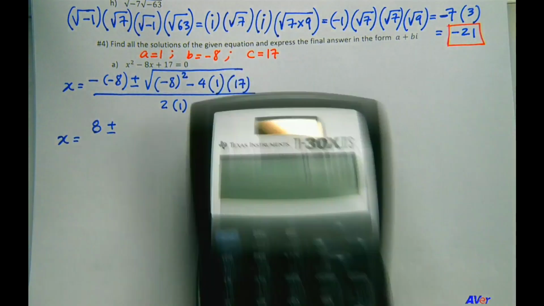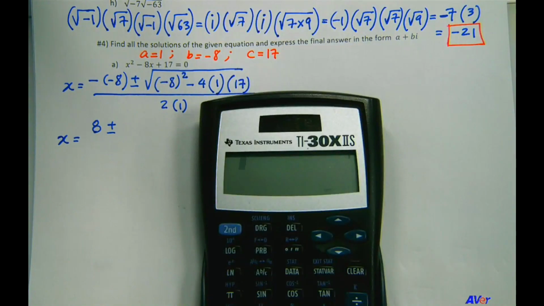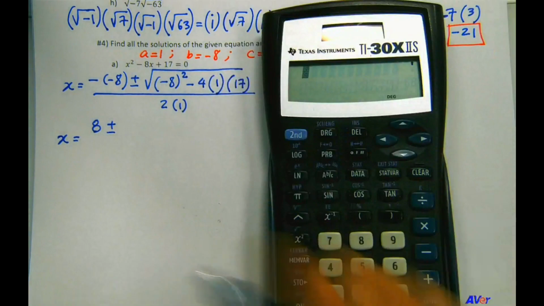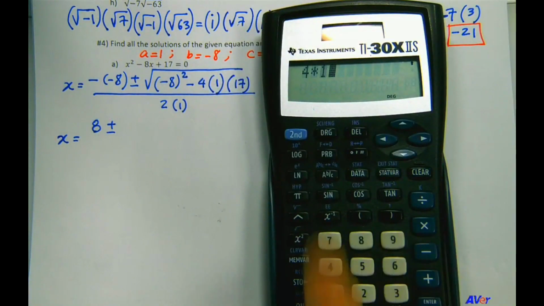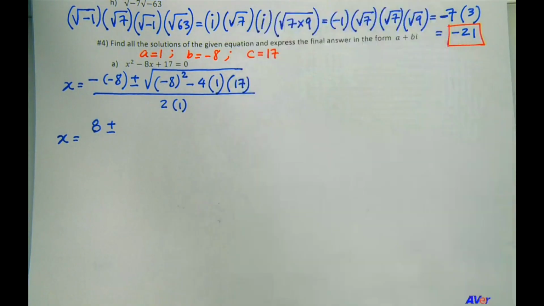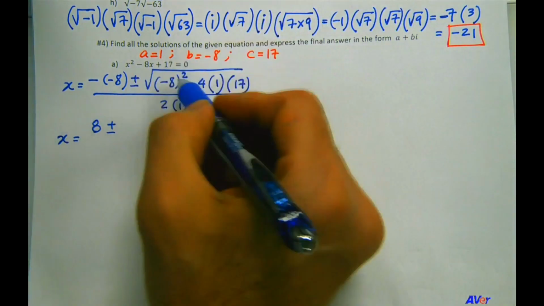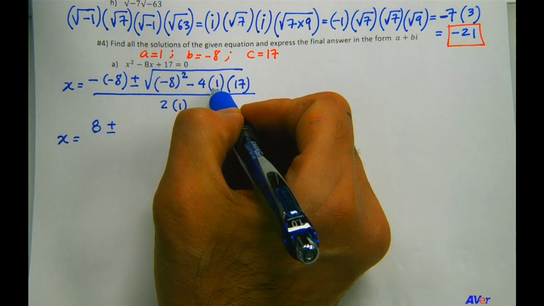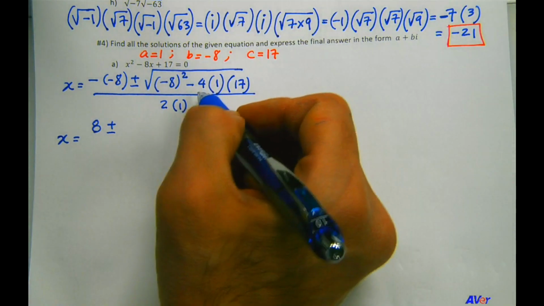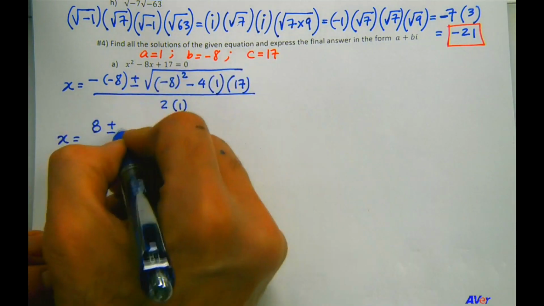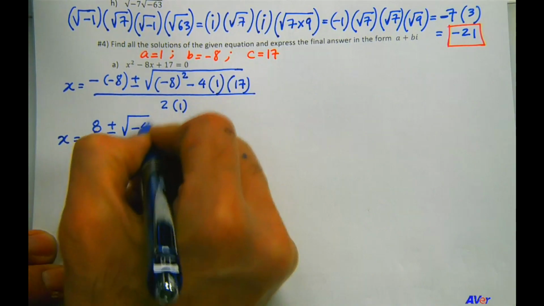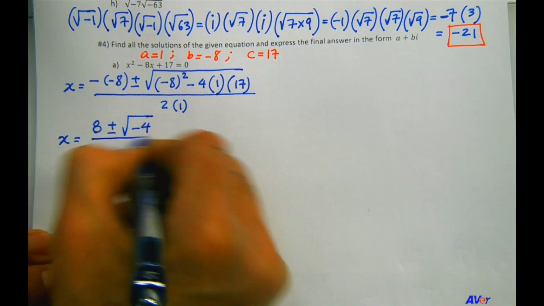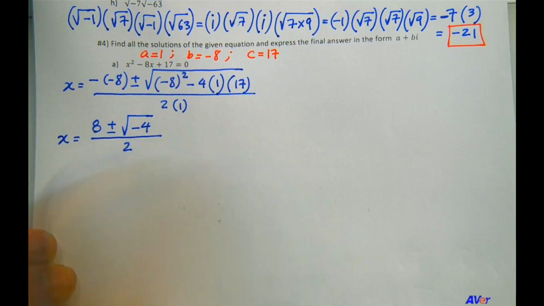I'm pretty sure it's minus 68, but why not double check, right? So right there, 4 times 17, 68. Okay, so positive 64 minus 68 will give us minus 4. So plus or minus square root of minus 4, divided by 2, right?